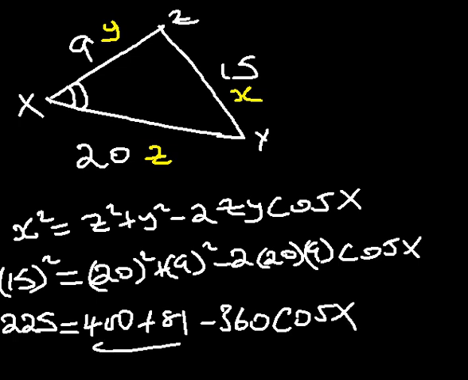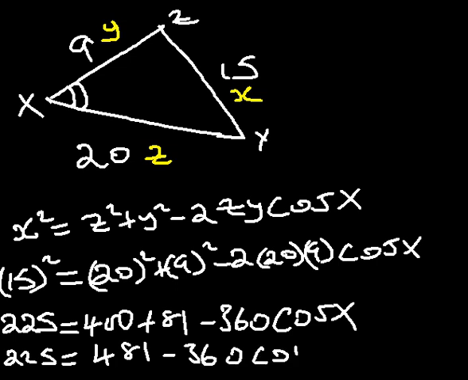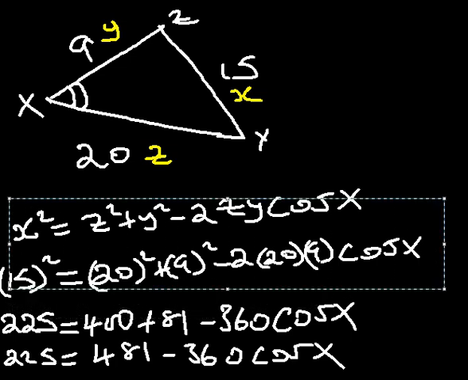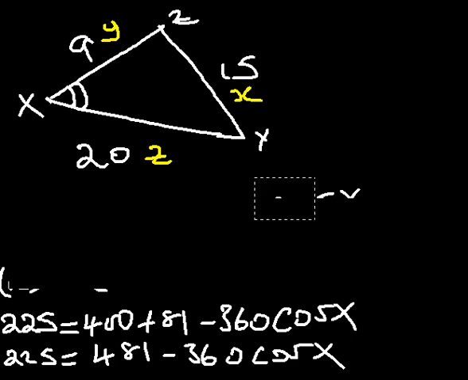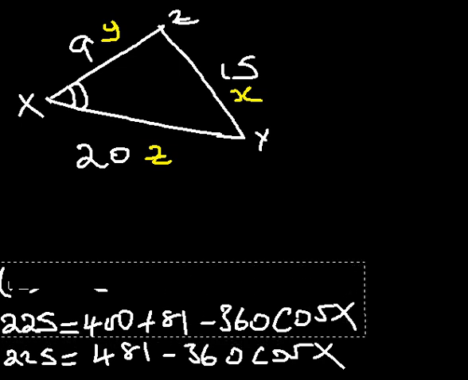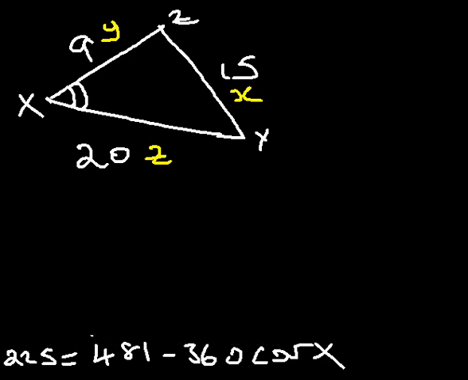Then we sum those values up. That will be 400 plus 81, so we have 225 is equal to 481 minus 360 cos of angle X. That is the angle we are looking for. So we'll transfer 481 to the other side.